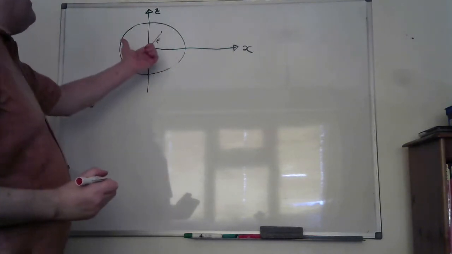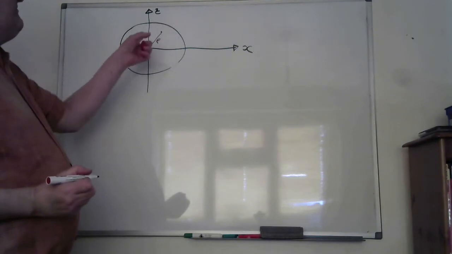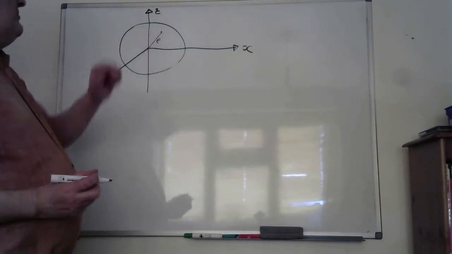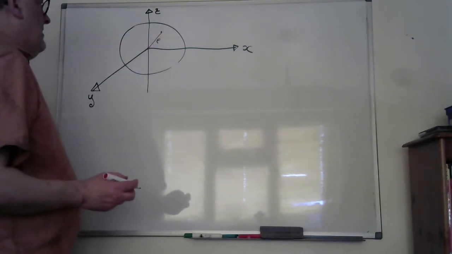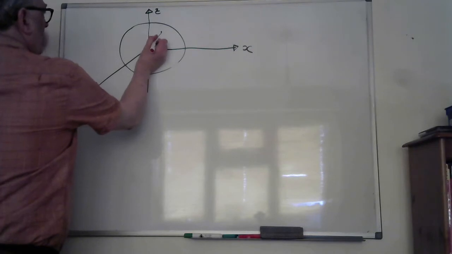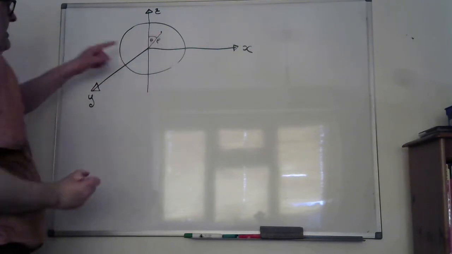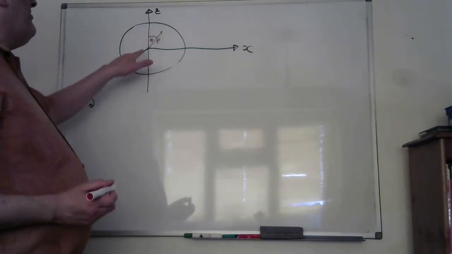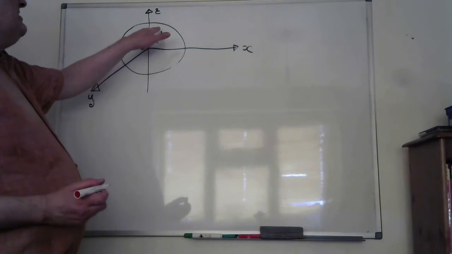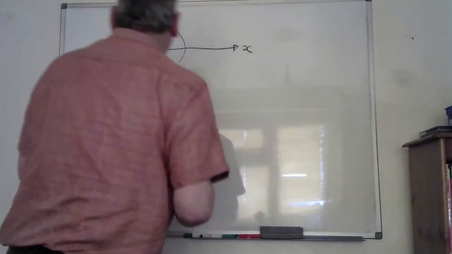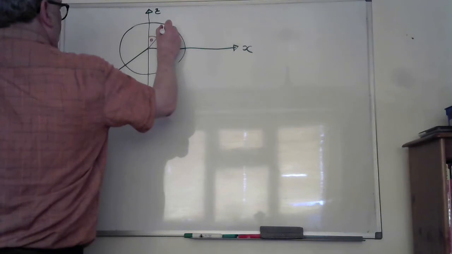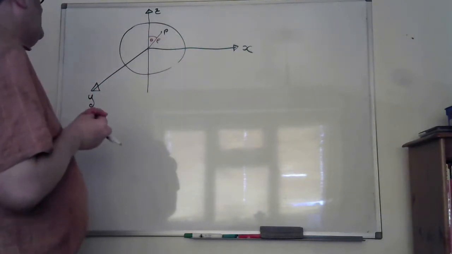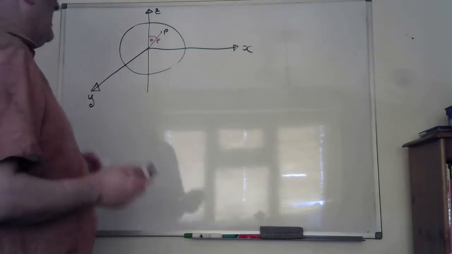Rho is just the length of that radial vector from the centre of Earth to that point on the surface, which we'll call P. And of course there's an angle, theta, between that line and the vertical Z.